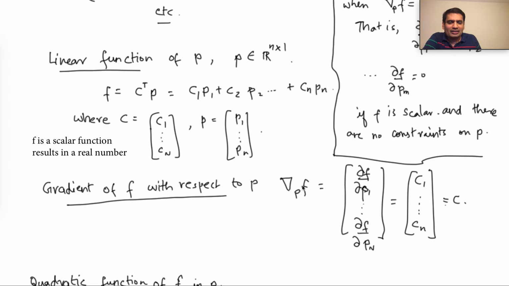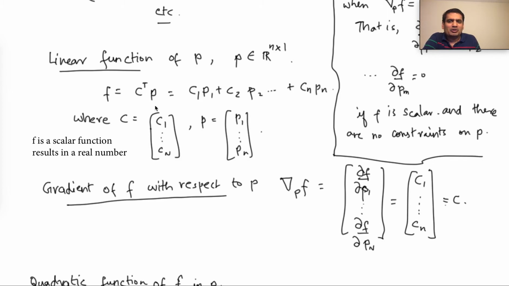So the gradient of f with respect to p is going to be c1, c2 till cn, and that's just going to be equal to the array c. Okay, so the gradient of c transpose p is c. It's just like the derivative of the number 5 times x with respect to x equals 5, the number 5.